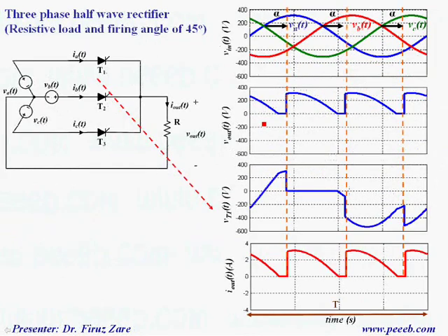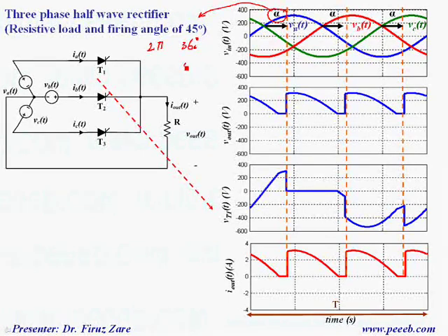So we know that in a controlled rectifier we can control the output voltage by changing the firing angle. In this case the firing angle is changed to 45 degrees, so that means 2 pi equals 360 degrees.